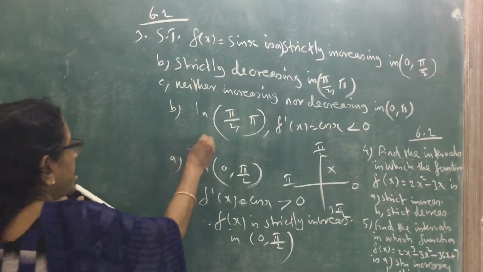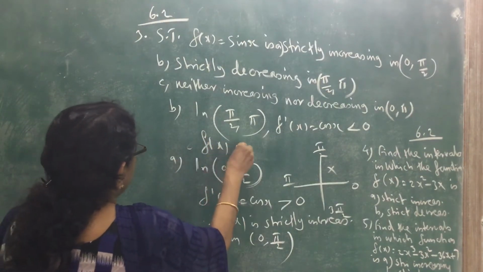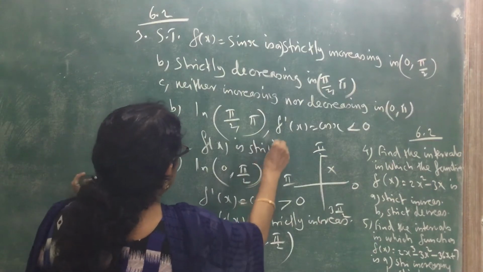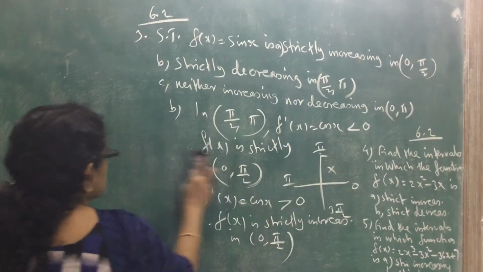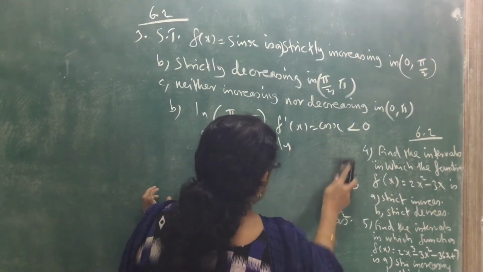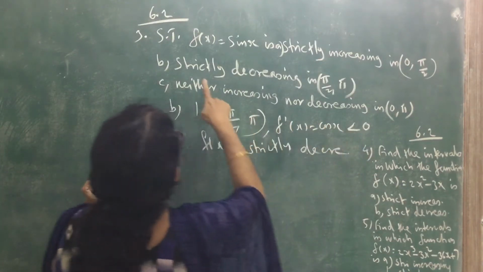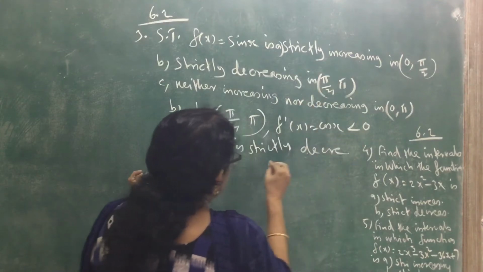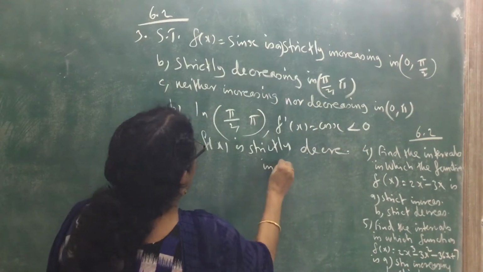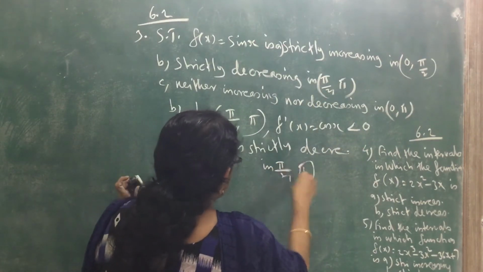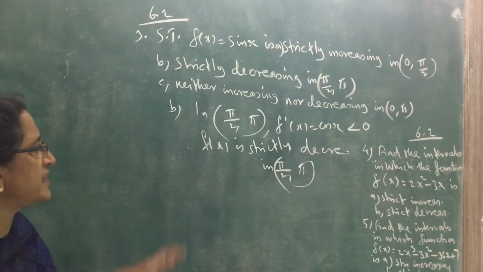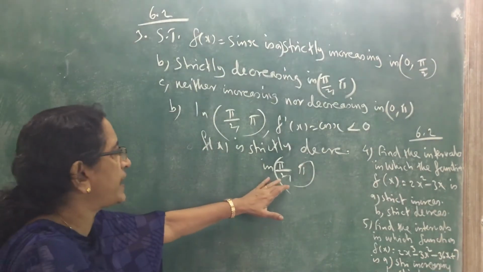Therefore, f of x is strictly decreasing in pi by 2 to pi. So we proved that the function is strictly decreasing in the interval pi by 2 to pi.